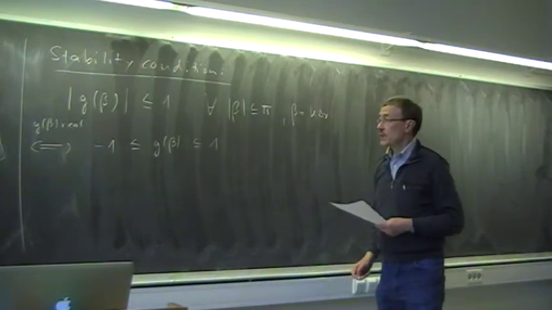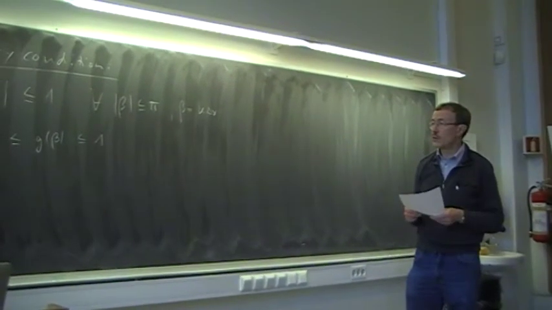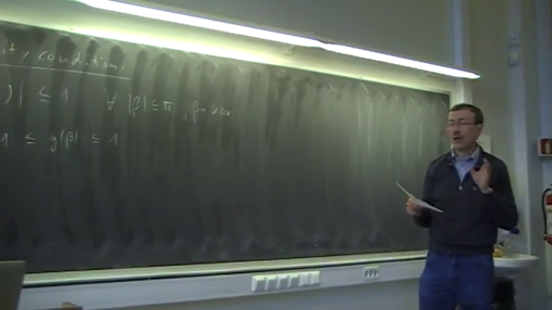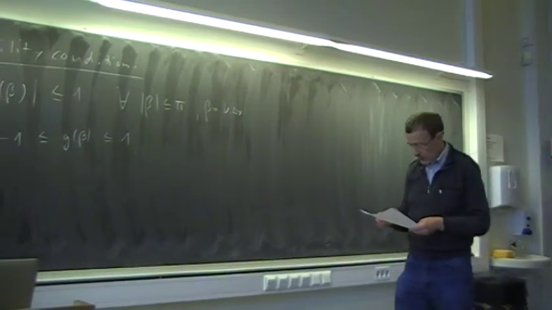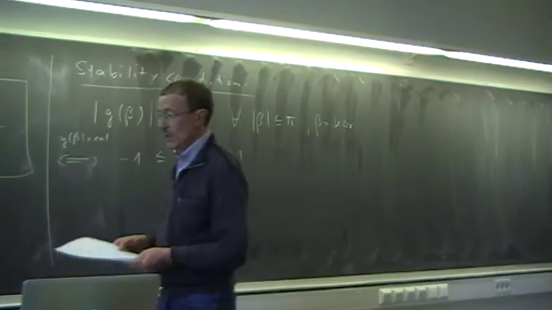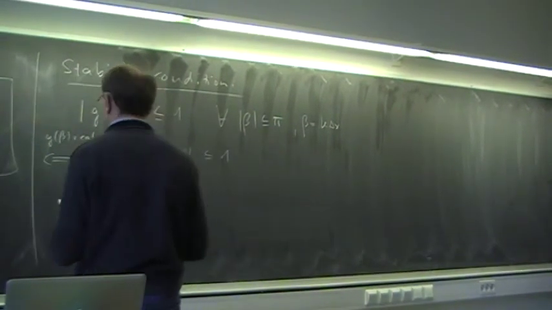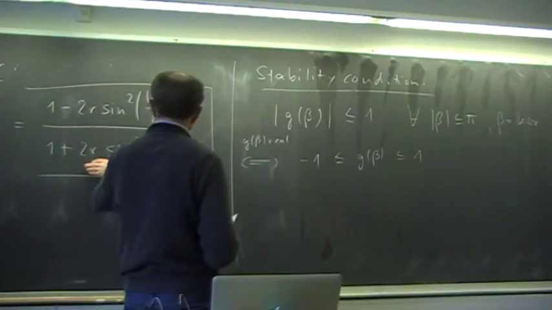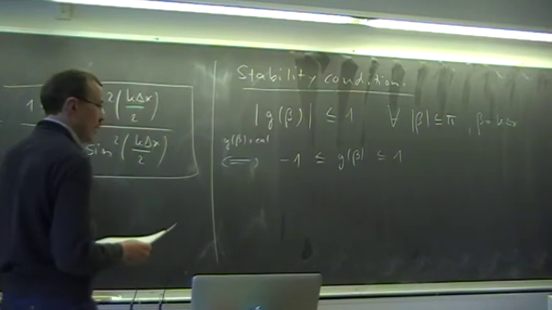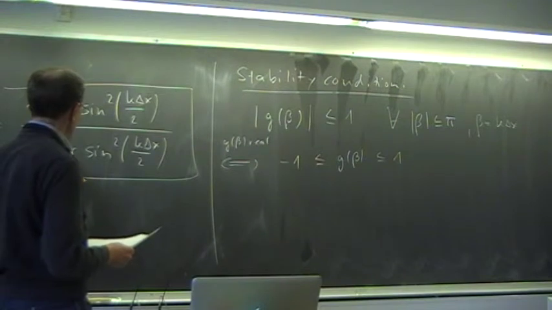If it would be complex, it's easiest to compute the modulus squared, which we get by computing the real part squared plus the imaginary part squared. We had also examples of that, but here it is easier. It is just real. So in our case, we can multiply by the denominator, which is positive if r is positive.